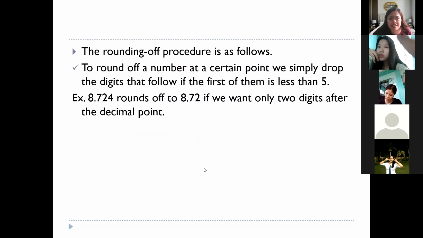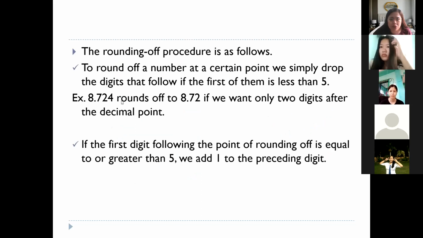Again, this is just for the rounding off procedure. If less than 5, meaning 1 to 4, leave it as is. For example, 8.724, if we round off to 2 decimal places, it becomes 8.72, we do not add because the next digit is 4.